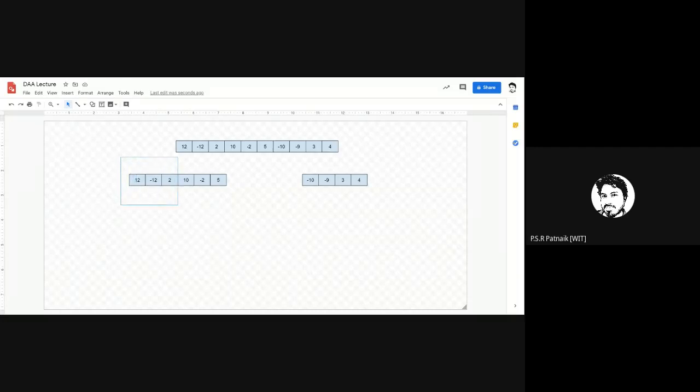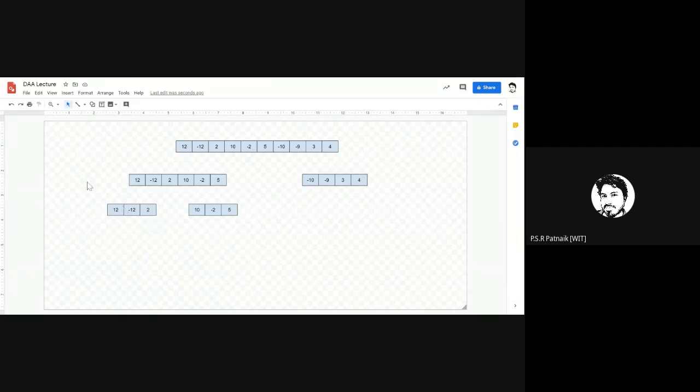So this would be the one half, and this would be another half. I'm not exactly going on index track, but it is 2.